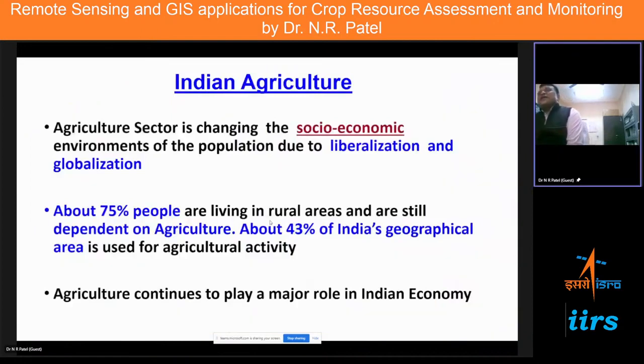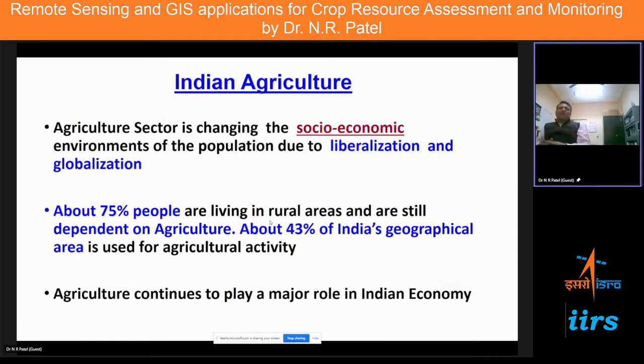Why do we need agriculture remote sensing? As I said, it is providing livelihood support to a large number of people, and also liberalization and globalization.